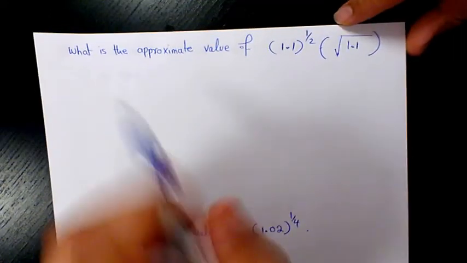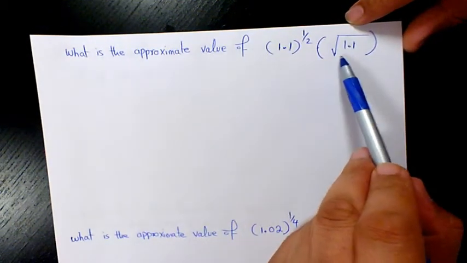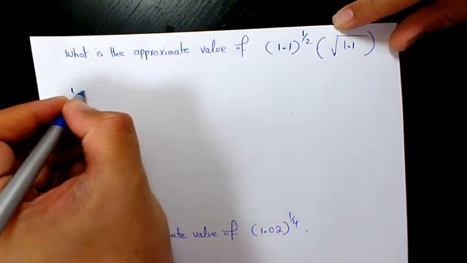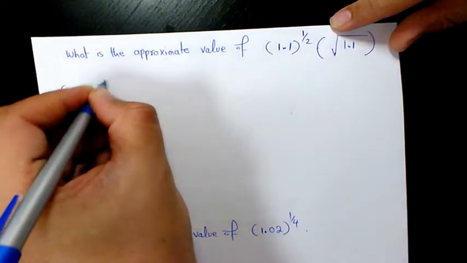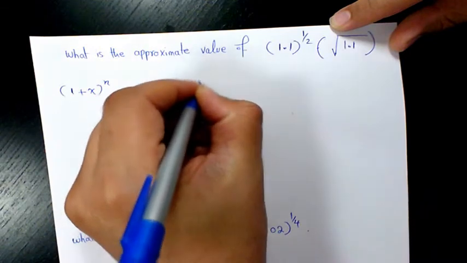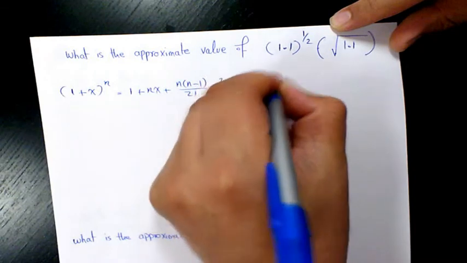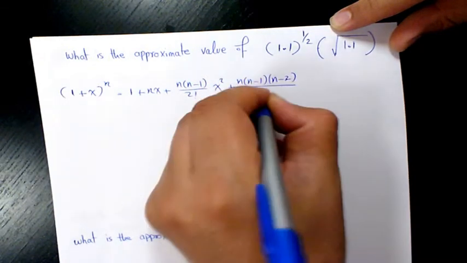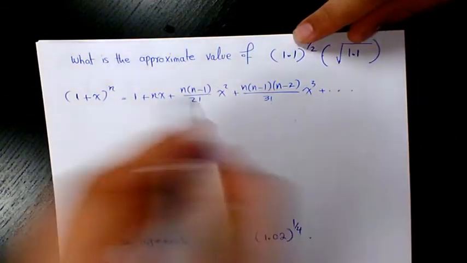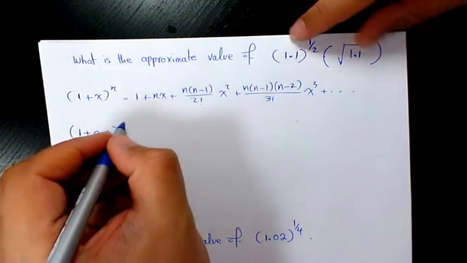The first example: what's the approximate value of 1.1 to the power of half, or basically the square root of 1.1? I'm going to say (1 + x)^n is 1 plus nx plus n times (n minus 1) over 2 factorial x squared plus n times (n minus 1) times (n minus 2) divided by 3 factorial x cubed and the rest. So instead of 1.1, I can write (1 + 0.1)^(1/2).